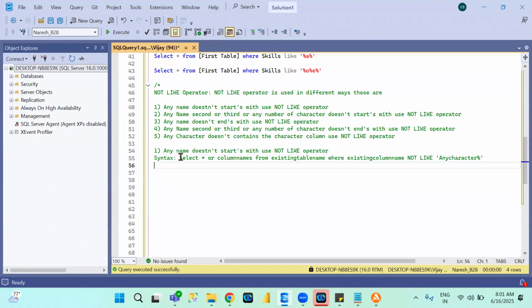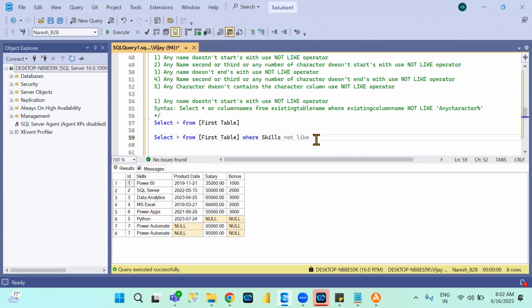After that, understand clearly. You see here?